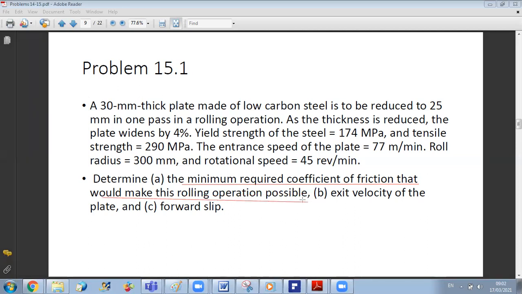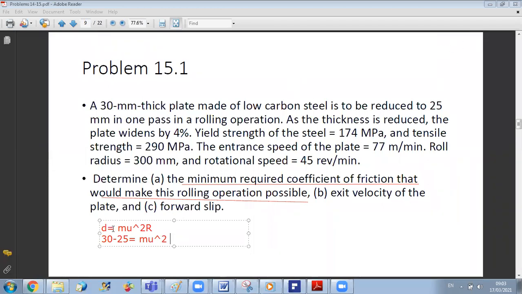We know that we have a formula for the draft: D is equal to mu squared times R. Here we are reducing the plate from 30 millimeter to 25 millimeter. So the draft is 30 minus 25 equals mu squared, which is unknown, times the radius.